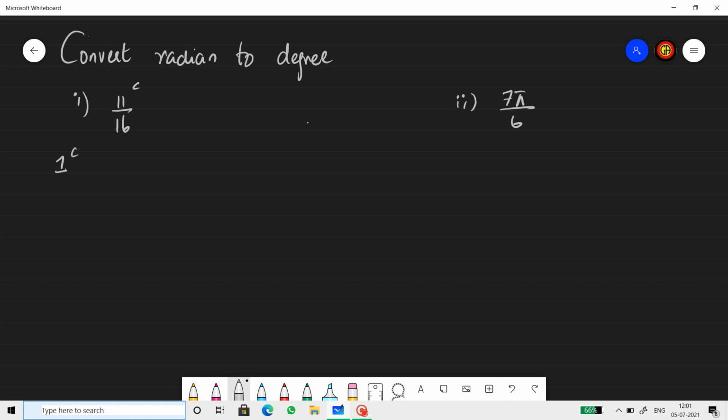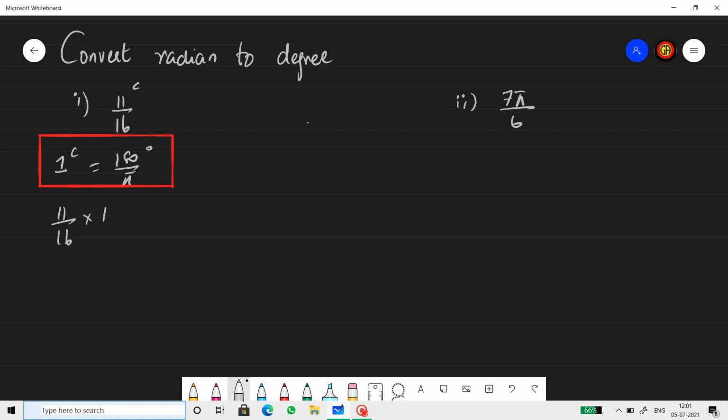1 radian is equal to 180 by pi degrees, right? 1 radian is equal to 180 by pi degrees. And here it is 11 by 16 radian.